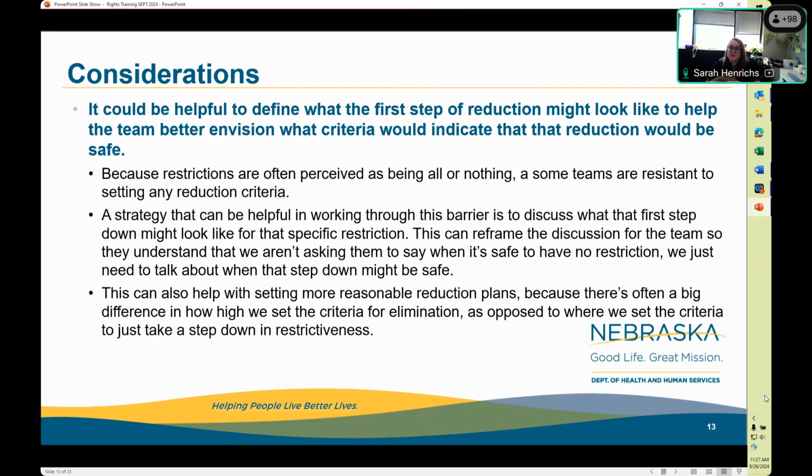Maybe a first step down is letting them start to use forks supervised again. What would it look like? What would we need to see or hear that would tell us that it's safe enough to do that? Not safe enough for all sharps, but safe enough for that. Any questions about that?